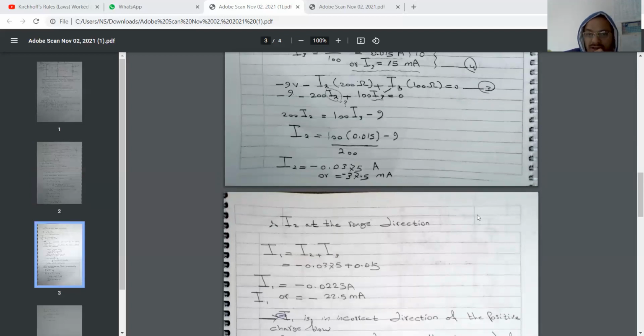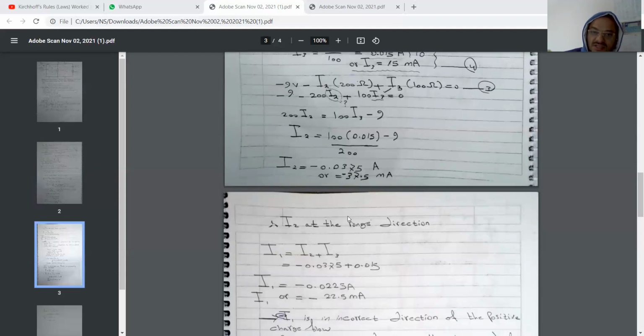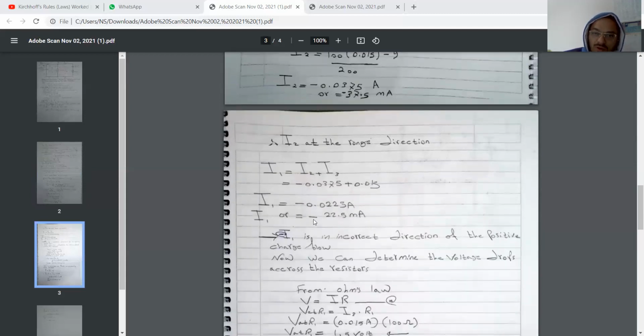Now let's calculate I1 from equation number 1. Like I said in the first lecture, I1 equals I2 plus I3, so I1 equals minus 22.5 milliampere. And if we say, like equation number 2, I1 minus I2 minus I3 must equal 0.